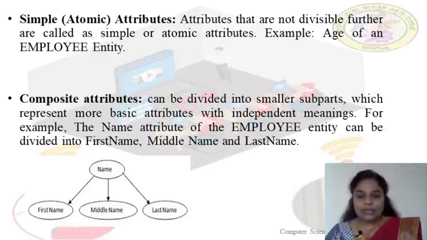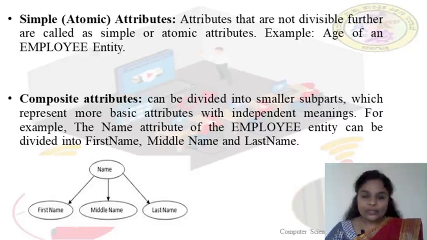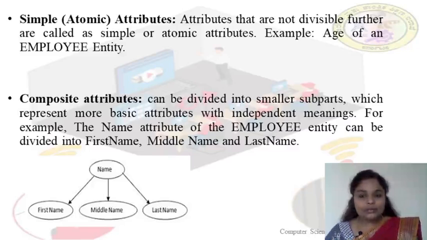Let me consider another example. If I go for date of birth, can I decompose further? Yes. How? See, date of birth I can decompose further as date, month and year. But age, can I decompose further? No.